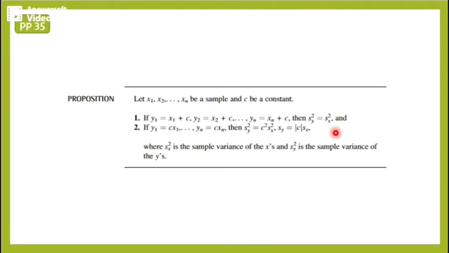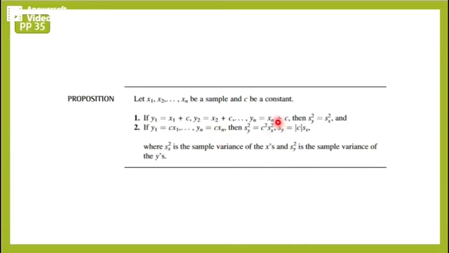So in this case, my mean, my measure of location, will change, because that is what changed, the location of my data. If we multiply the constant with each observation in the sample of x's, then my new sample of y will have a sample variance that is a little bit bigger or smaller, it depends on this constant.